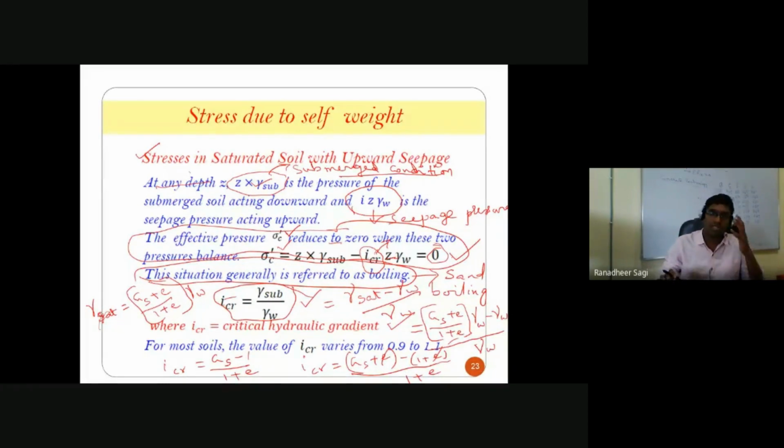For that condition, you will see that the particles start getting lifted in the upward direction because of the seepage through the soil. This results in a failure phenomenon called the quicksand condition, or otherwise sand boiling. I repeat, this same phenomenon, sand boiling, is otherwise also called the quicksand condition.